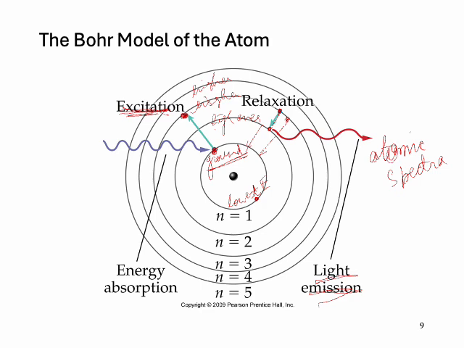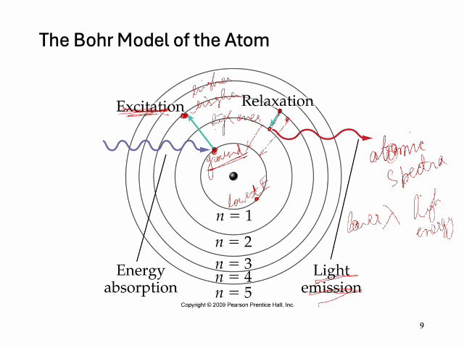Okay, and that's why you see different colors, because each color is a different wavelength, and we saw previously that different wavelengths mean different energy. So a lower wavelength means higher energy, and different energy means a different color.